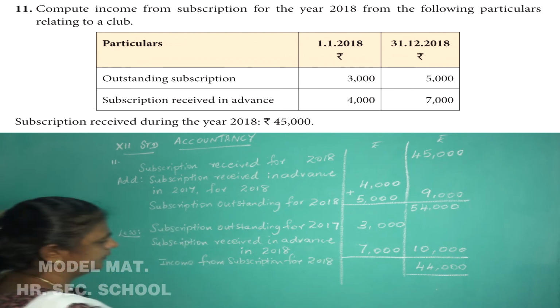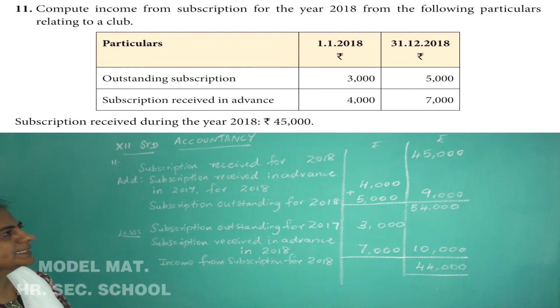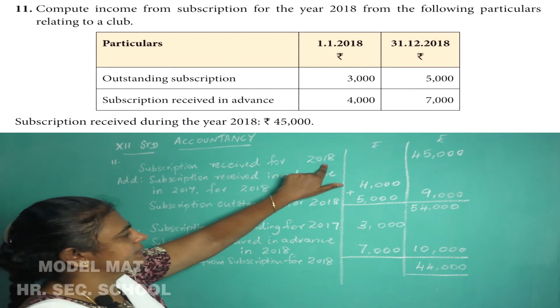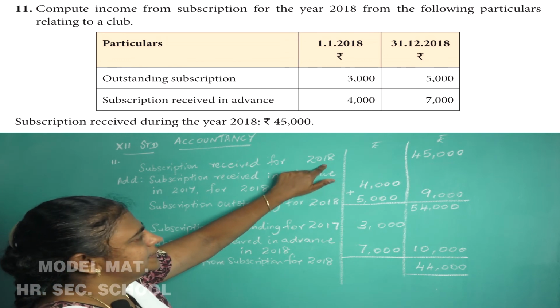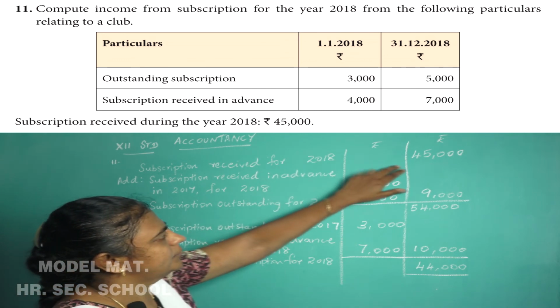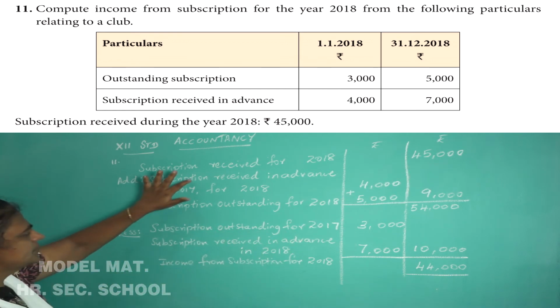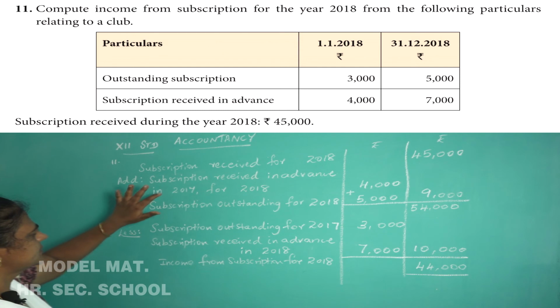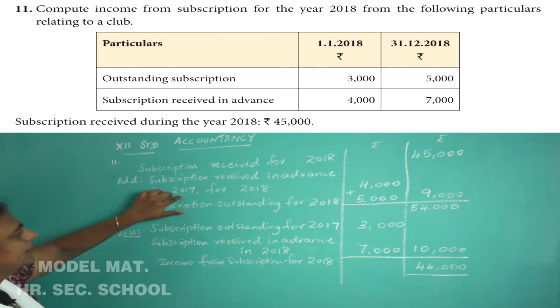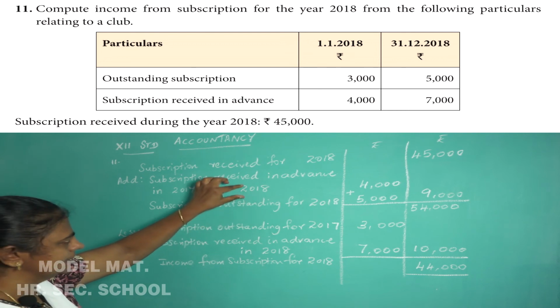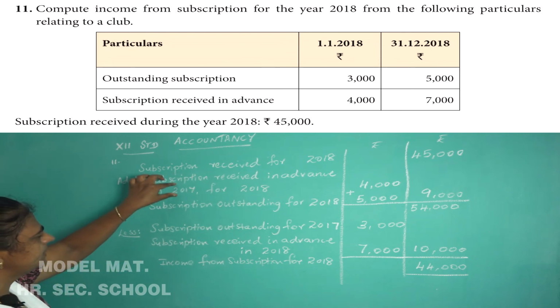Okay, understood? Once again I'll repeat, just look at the sum. Subscription received for 2018, that is the current year. So what is the income you have got through subscription? 45,000. Now subscription received in advance in 2017, which belongs to 2018. It's an income for 2018, but you received it previously.